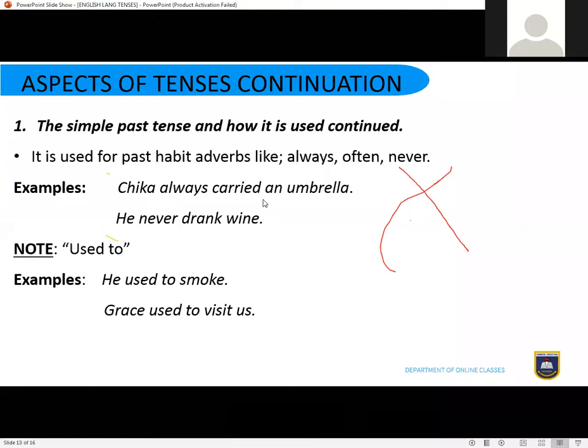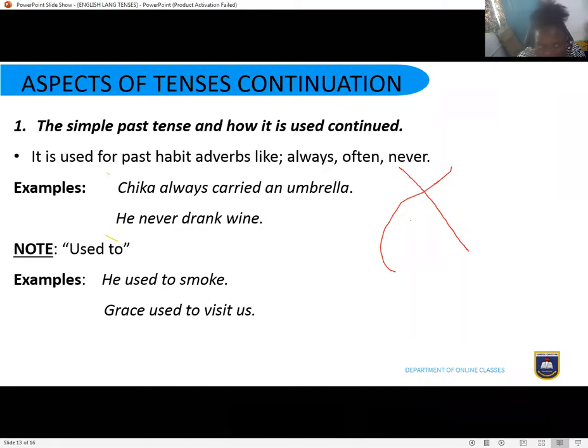So let's look at these examples. Chika always carried an umbrella. So this is a past habit, and you can see it being used with the adverb. Now you hear people saying Chika always carries.